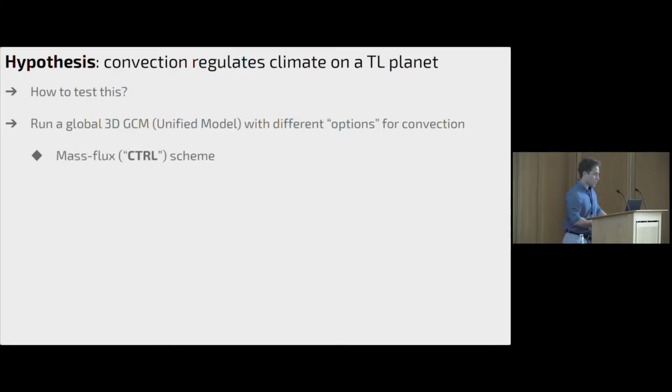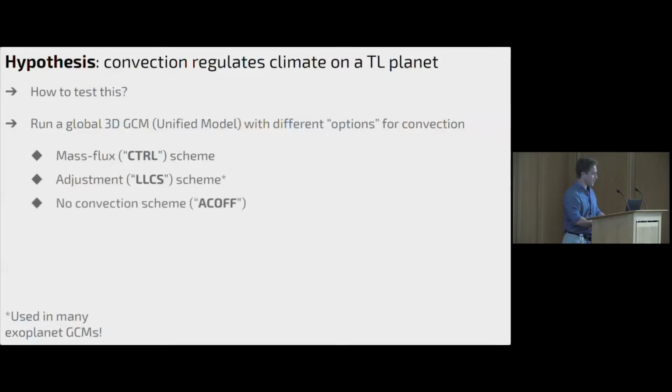And I'm going to call this experiment control. And then we can use a simple moist adjustment scheme, which I'm going to call LCS for Lambert and Lewis convection scheme. And then I can also switch off the convection scheme completely, and then let the model handle the convection itself without any help from the parameterization.